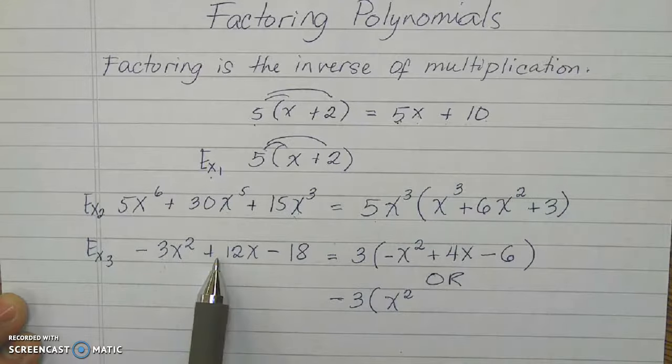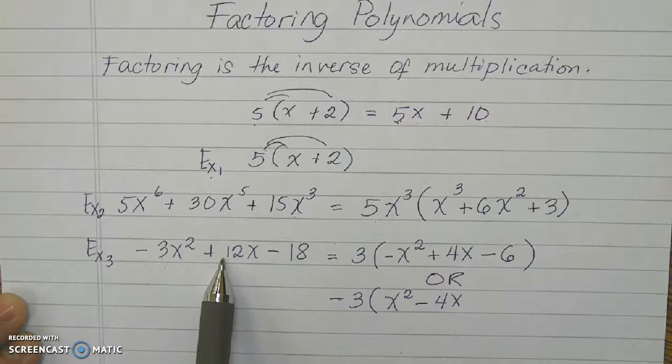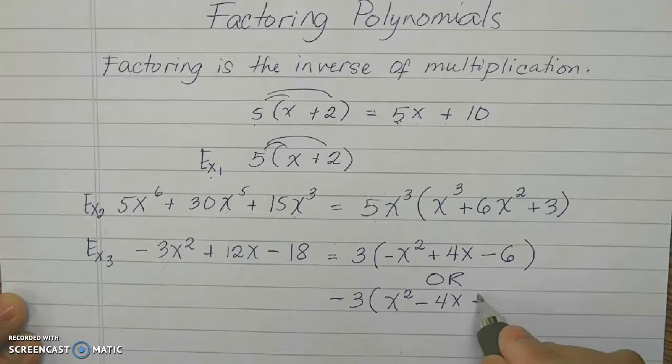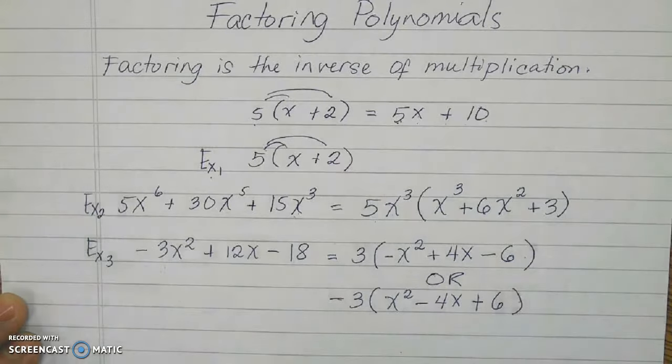If I divide 12x by a negative 3, it's going to be a negative 4x. And again, to confirm that, you can go back and multiply: negative 3 times a negative 4 is a positive 12. And then negative 18 divided by negative 3 is a positive 6. These two are the same.